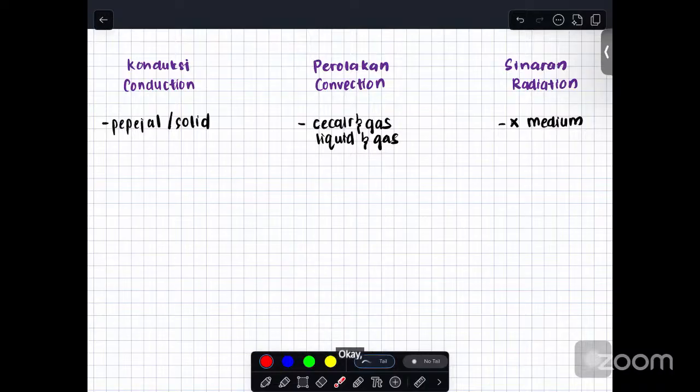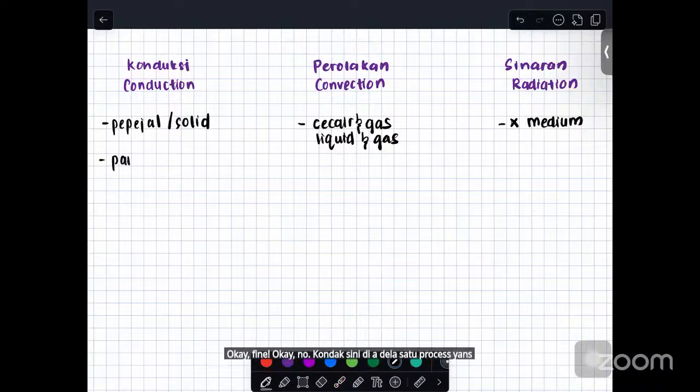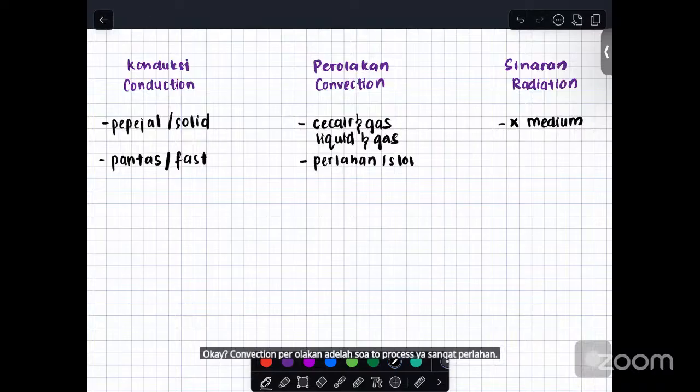Okay, faham? Okay, nombor 2. Konduksi ni dia adalah satu proses yang sangat-sangat pantas. It is very, very fast. Okay? Convection, perolakan adalah suatu proses yang sangat perlahan. It's slow.